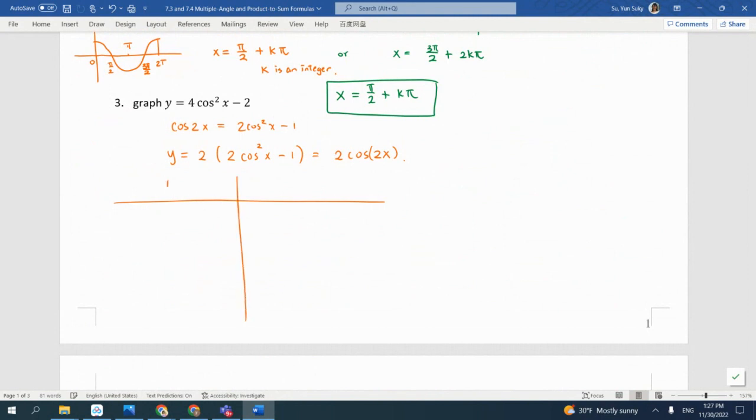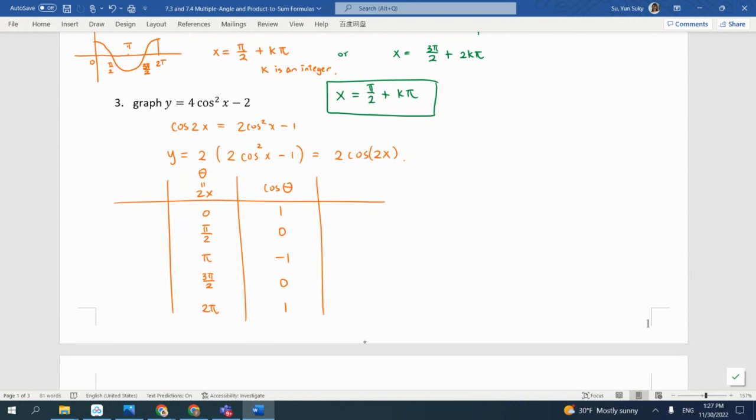So we draw the table. And theta, what's theta? 2x. Cosine. What are the theta values we're interested in? 0, pi over 2, pi, 3 pi over 2, 2 pi. Good. Now what's the cosine theta? Sine and cosine wave. Cosine starts with 1. 1, 0, negative 1, 0, 1.